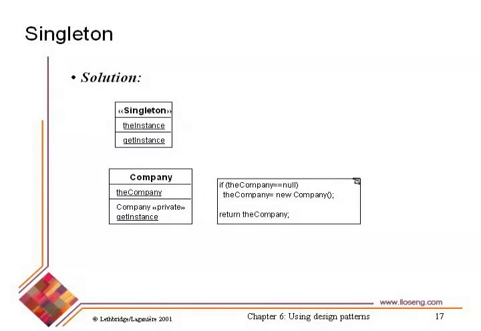I might have shown this with a minus sign as well, or here I've shown it using a stereotype private to emphasize it. So get instance is all supposed to be on one line. It just didn't fit well in the box. This is simply saying the get instance returns an instance of company.